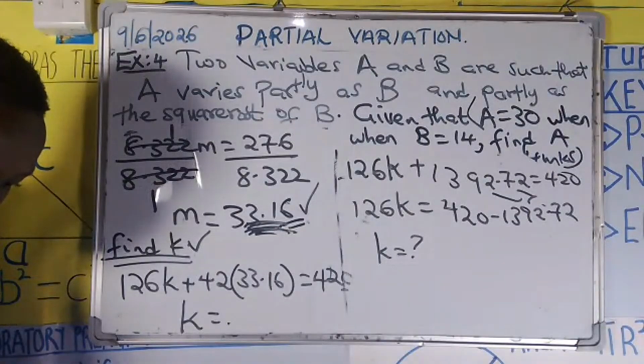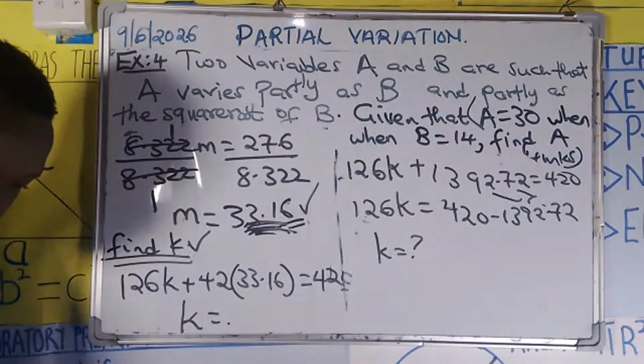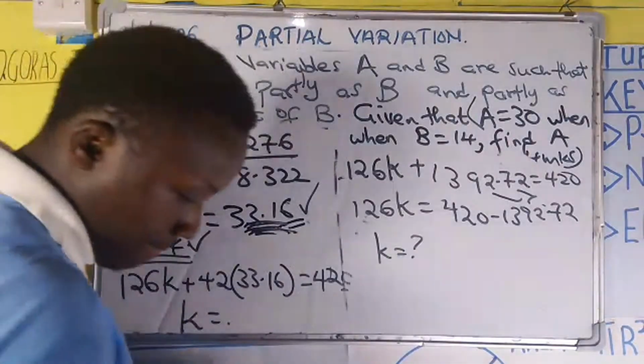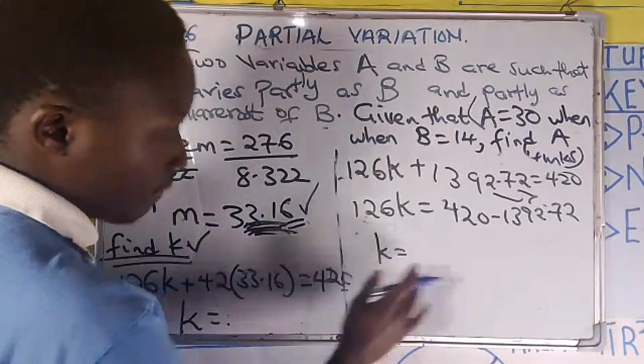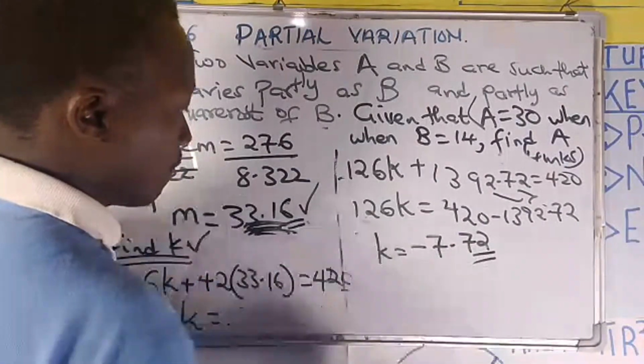So who is right? Who is right? Negative 7.72.